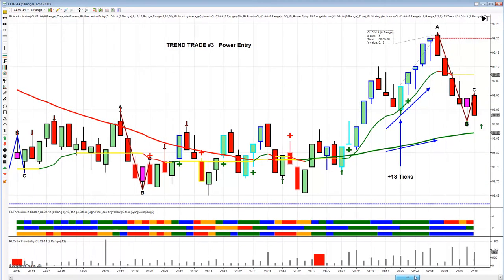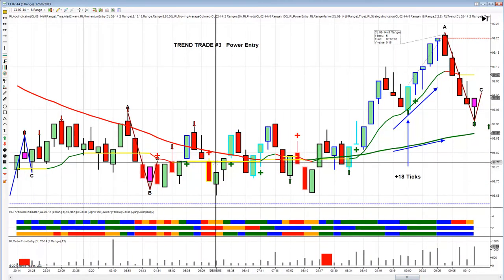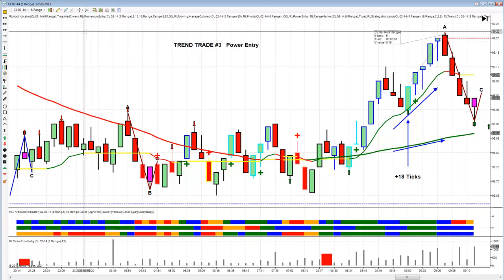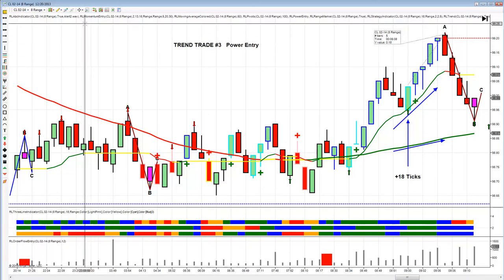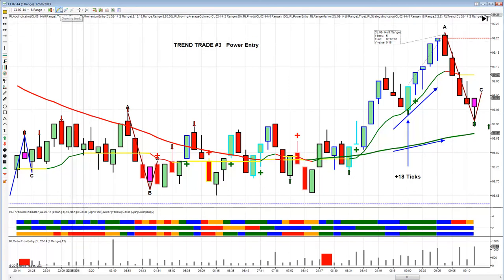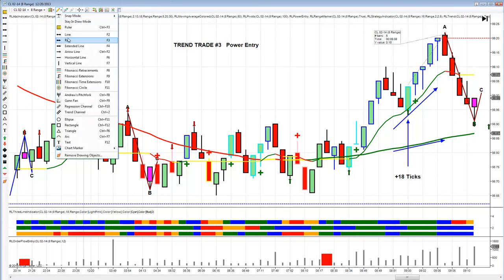And there's another one right here. Now we can really take this candle by candle. Let's take this. This is actually a good example of a trade.